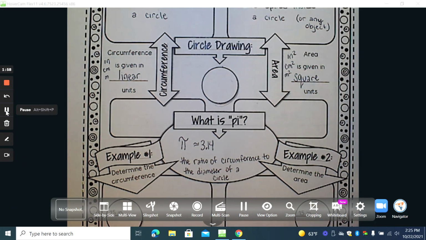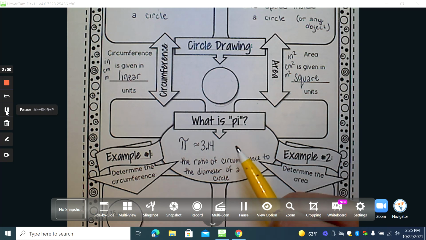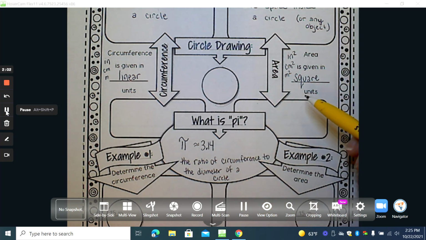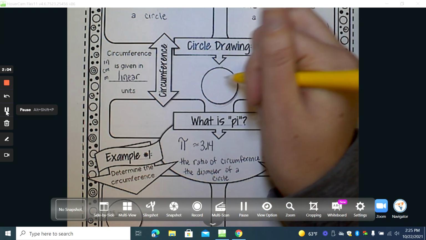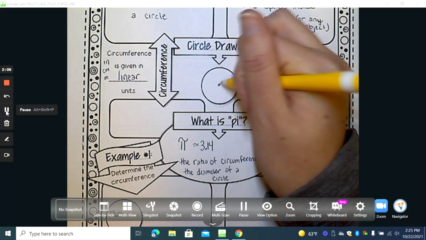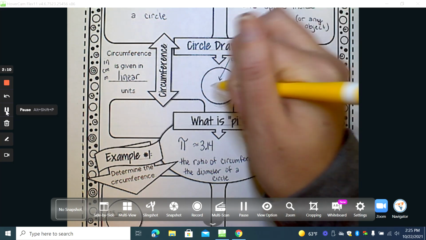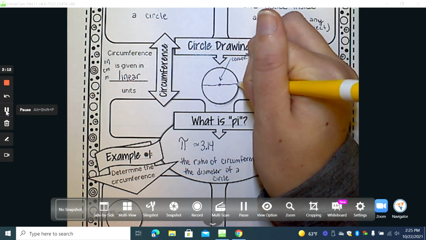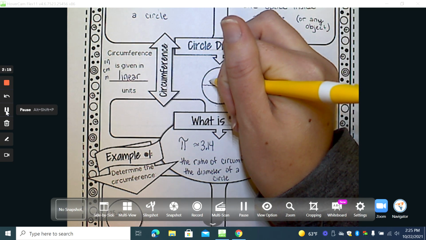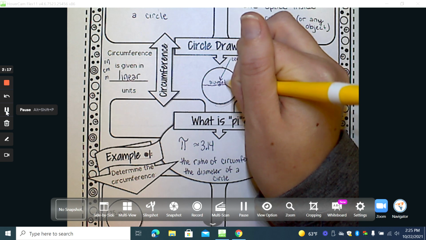So circumference is using, let me go talk about diameter and radius. If I were to look at a circle, there's a center, right? Center. And if I were to measure the distance across, this would be called my diameter.